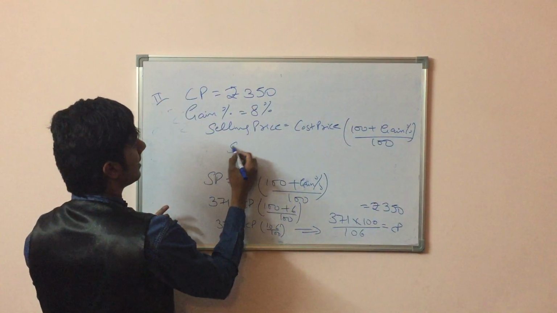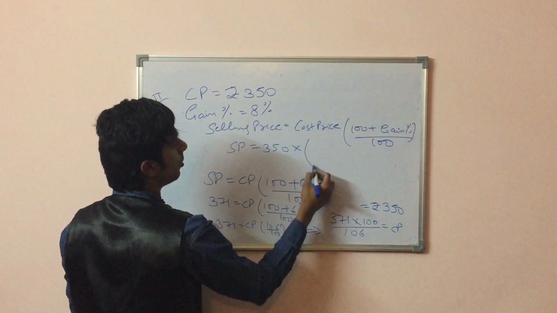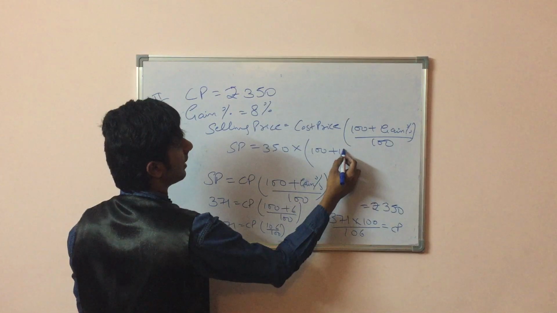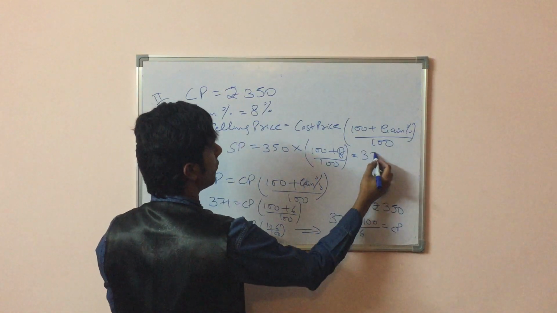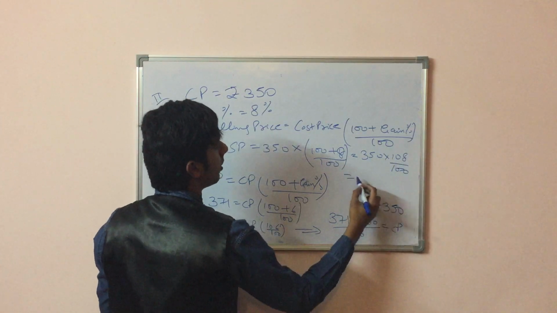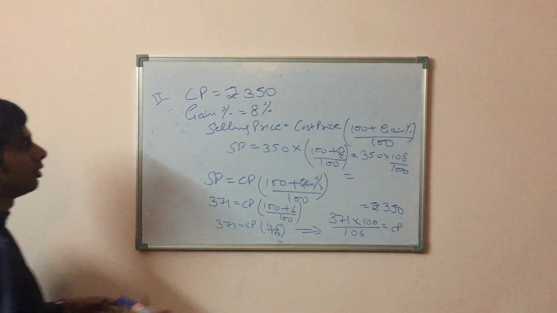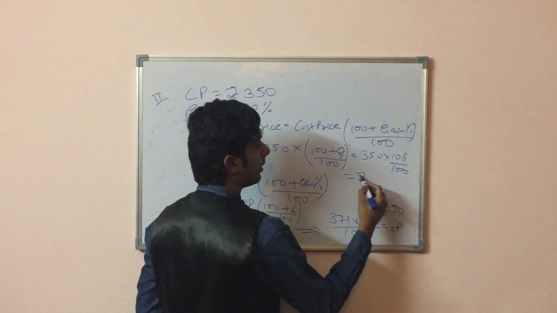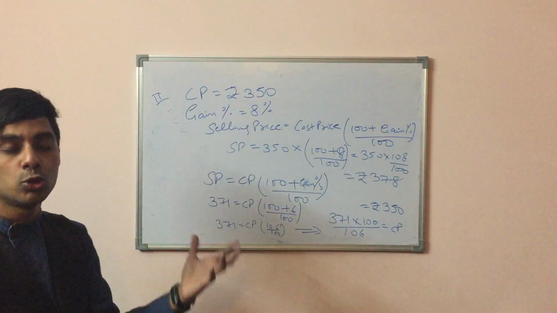So selling price is equal to 350 into 100 plus 8 upon 100, which will be 350 into 108 upon 100. So this will come out to be around rupees 378, right?